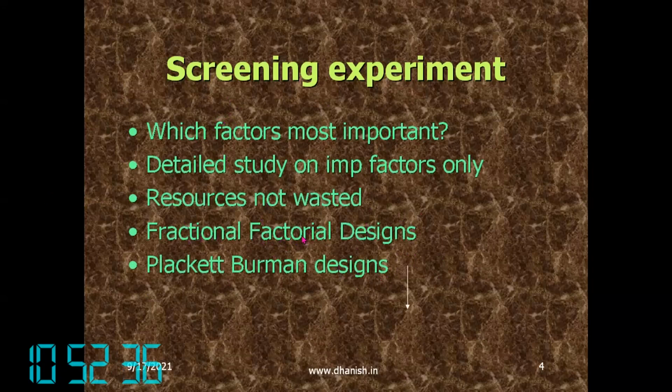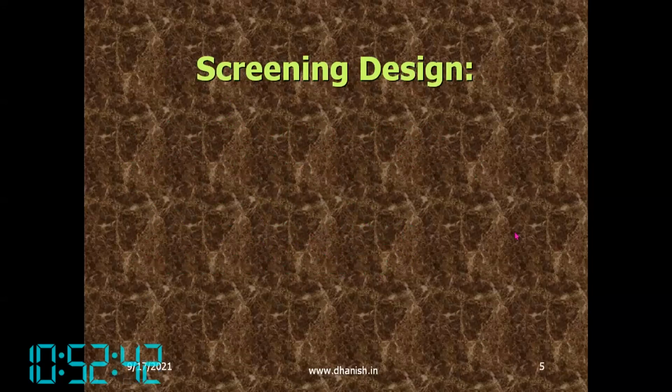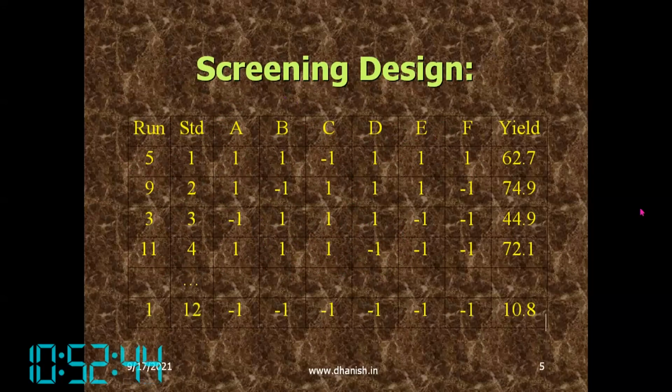Okay, factorial design is all possible combinations, and if you choose a fraction from that, you'll get a fractional factorial design. The design is usually written in a matrix like this. The first column is the run order, the order in which you do the experiment, which is a randomized run order.